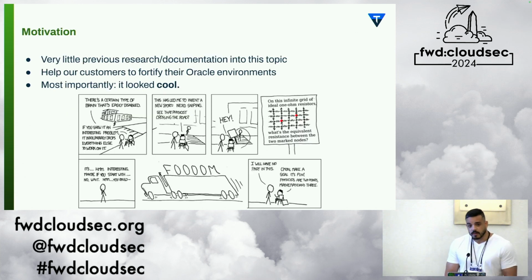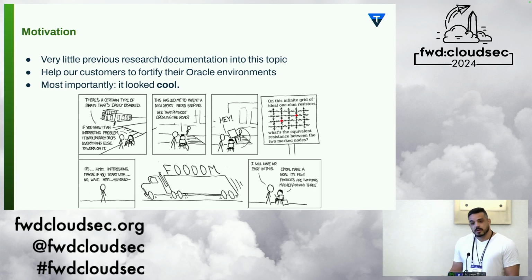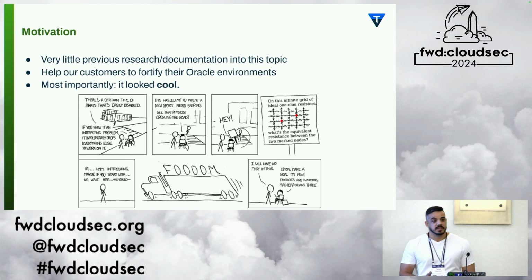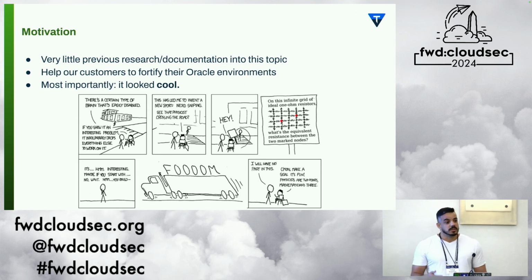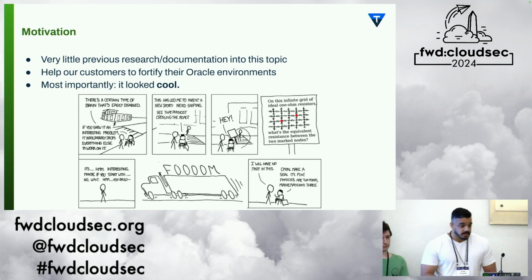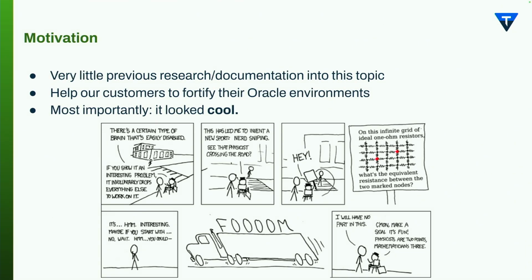So, first of all, why did we think about researching Oracle security, right? We already know that 6 years ago, Spencer released privilege escalation techniques for AWS. There's a bunch of calls for privilege escalation in GCP and Azure, but there were none, at least as far as we know, privilege escalation techniques for Oracle Cloud. So we thought there might be some, right? Why not?